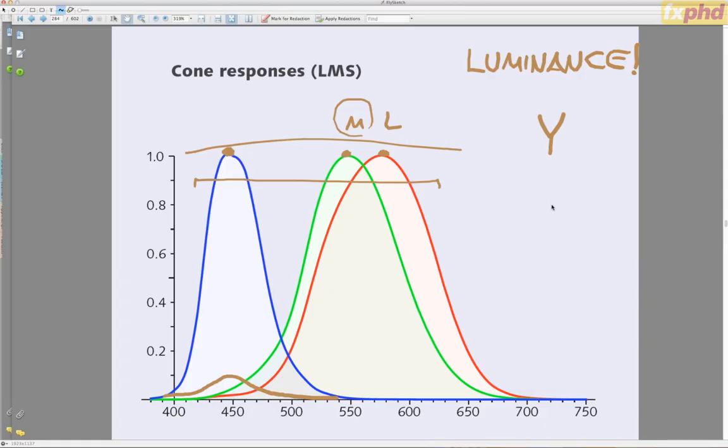And then it's also advantageous to make two other channels, which in some sense, the color component is represented in those three channels, but the luminance has been removed. And those are the X and the Z channels.